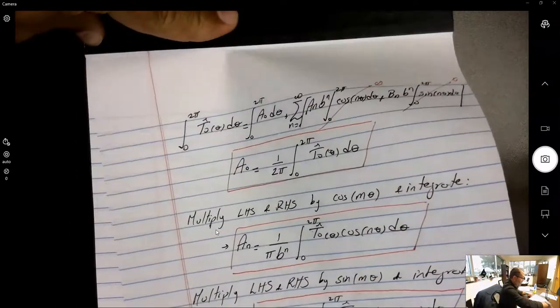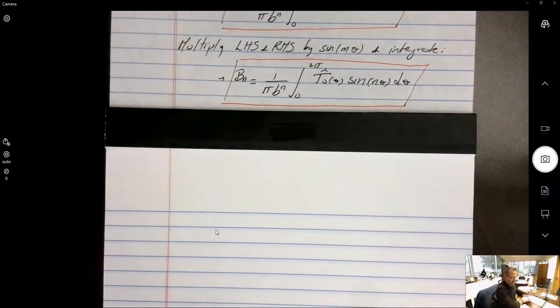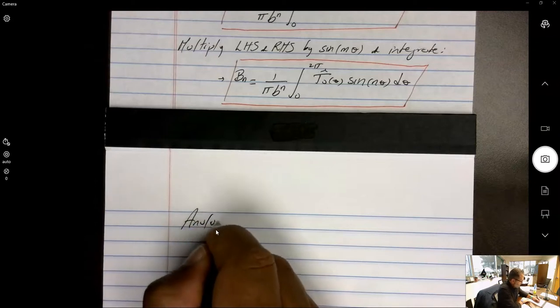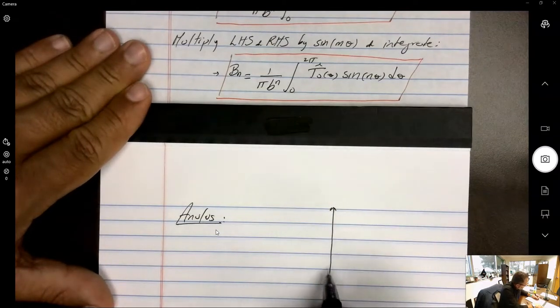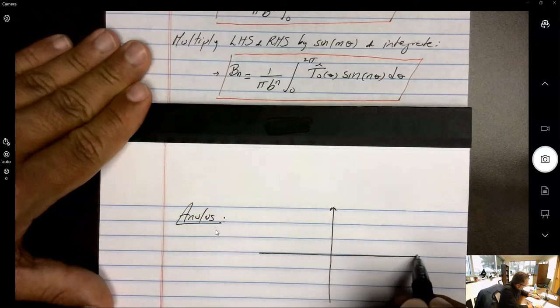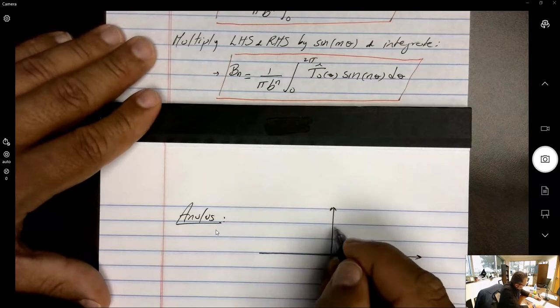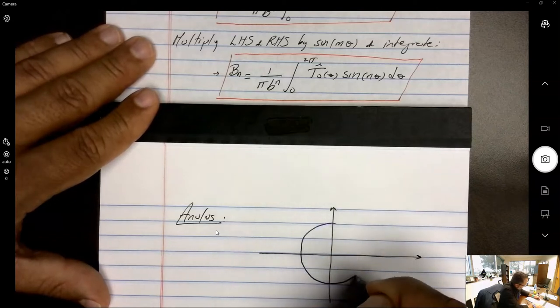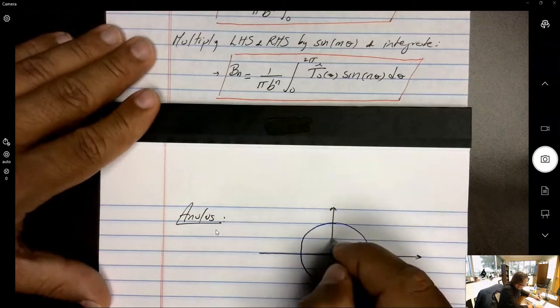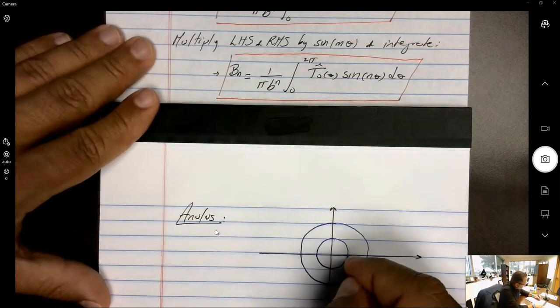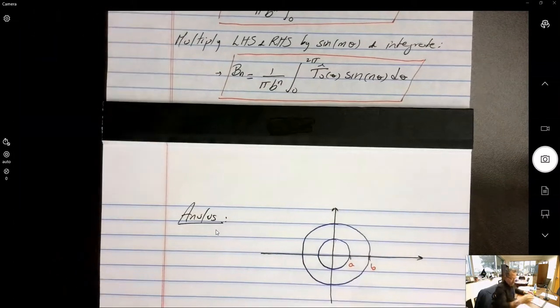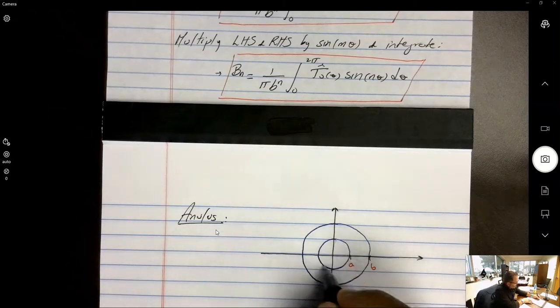Let me move to another page. So if we have an annulus, let's say that we're given this is A and this is B. So r equal A and r equal B. And let's say that for the sake of argument and illustration, remember we're going to have any kind of combination of boundary conditions inside and outside.